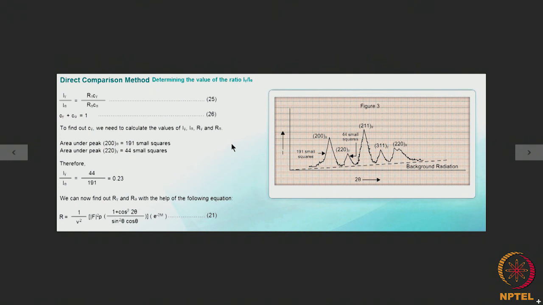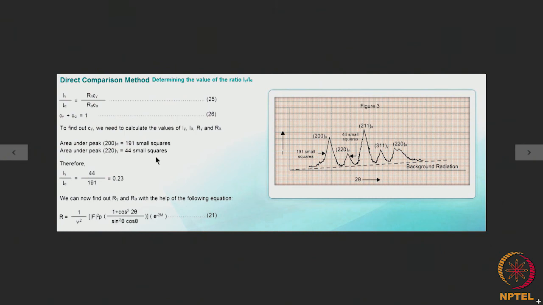Now, if we put a transparent graph paper on top of the I versus 2 theta plot as we obtain from a diffractometer, we find that the integrated intensity is proportional to the area under the line. So, here for the 200 alpha, there are 191 small squares of the graph paper within this region, and if we compare it with the 220 gamma peak, the number of small squares is 44.